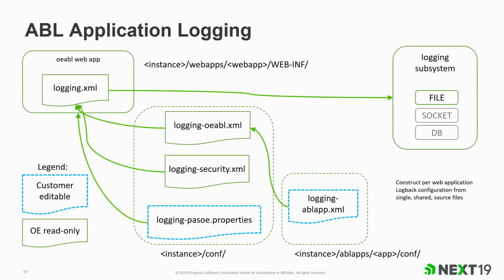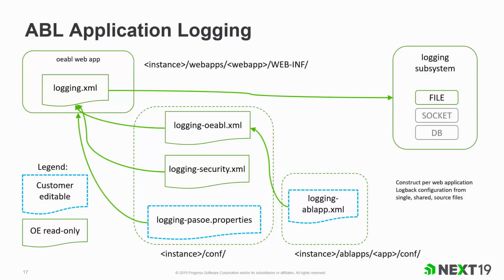So stepping down one more level, if you look at the ABL application logging level, we still have a logging.xml that's in each one of those web applications. The difference is how that logging.xml gets its information, right? The way we did it is we used include files. So we include a couple of XML files, but we also extracted everything we could into another properties file.